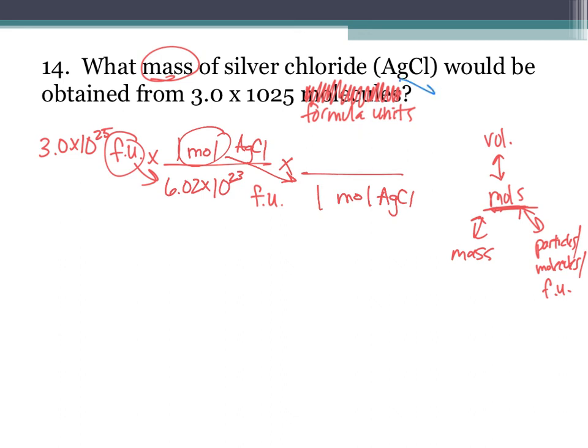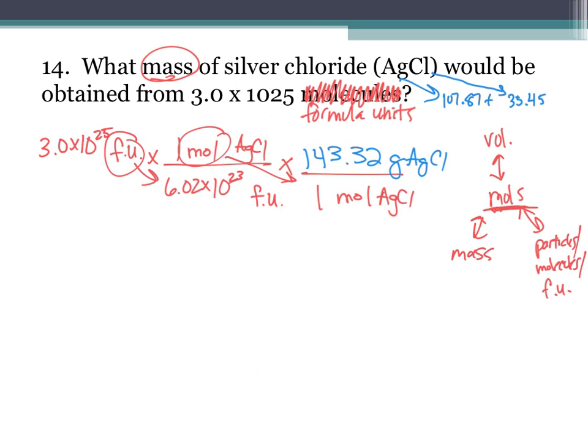I see silver is 107.87 plus chlorine, which is 35.45. Again, use the exact numbers you find on the periodic table. Do not round up, do not round down. That's 143.32 grams of silver chloride.